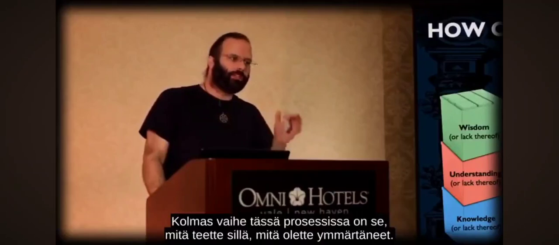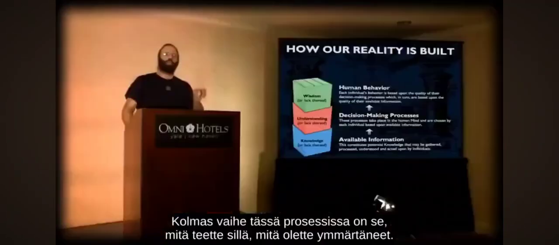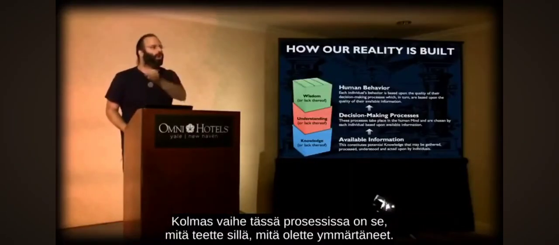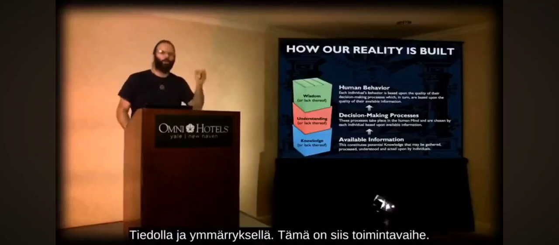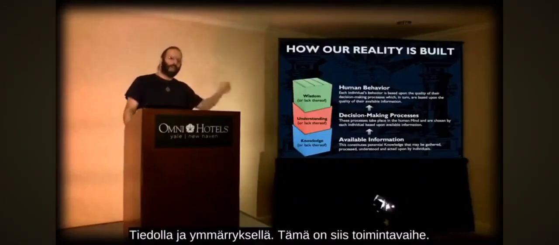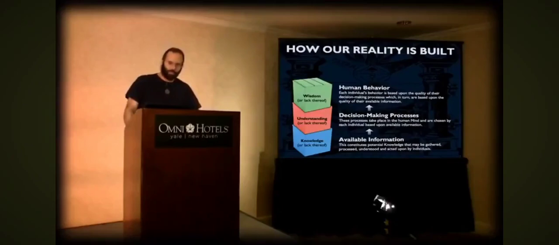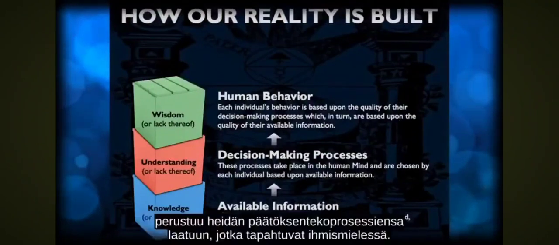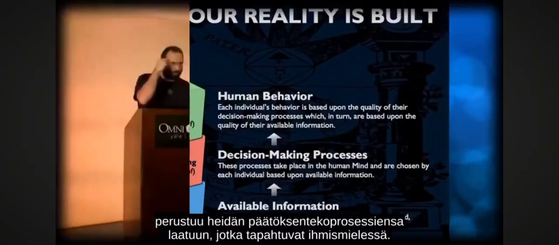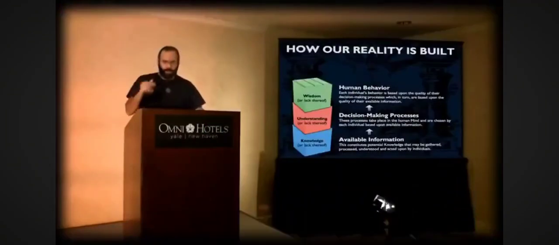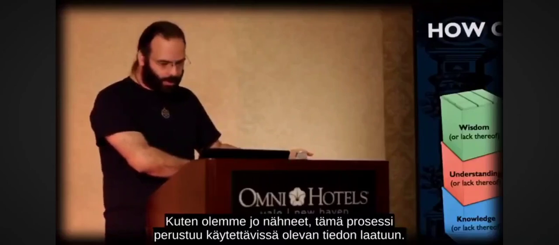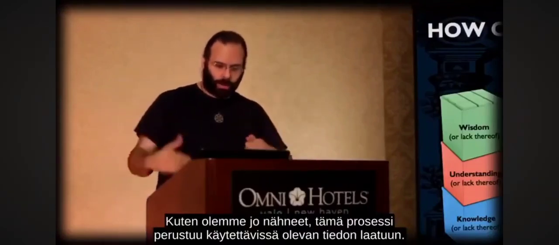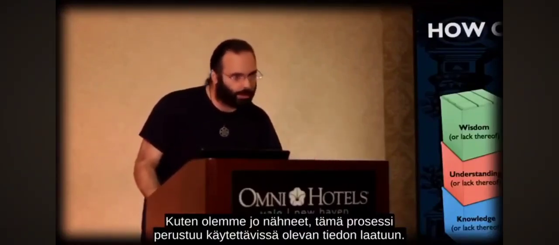The third stage to this process is what you do with what you have come to know and understand. So this is the action stage, okay? Each individual's behavior, the behaviors that they choose through their own free will, is based upon the quality of their decision-making processes that are happening within the human mind, okay? That process, as we've already seen, is in return based upon the quality of available information.